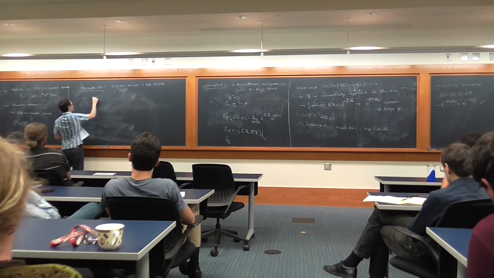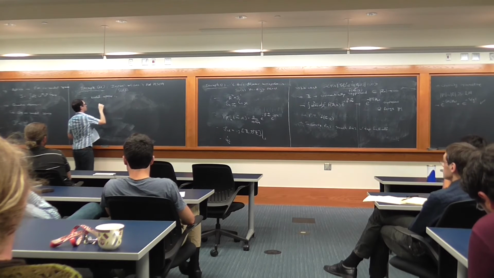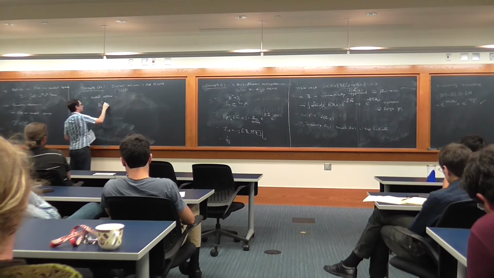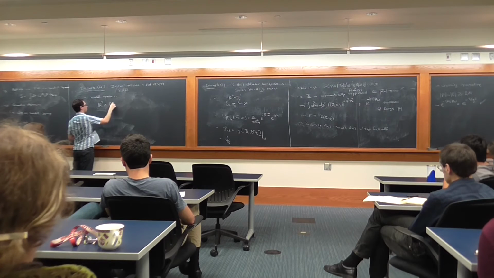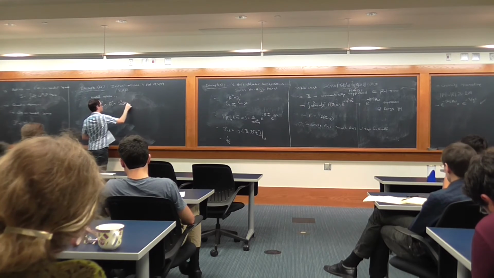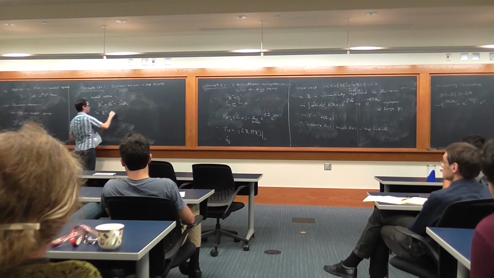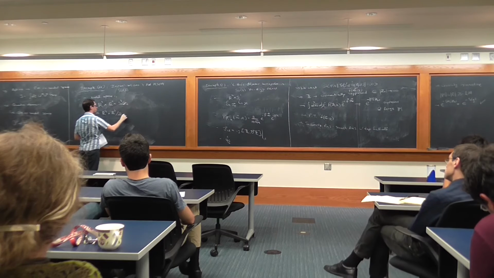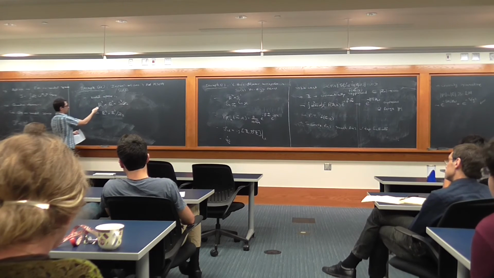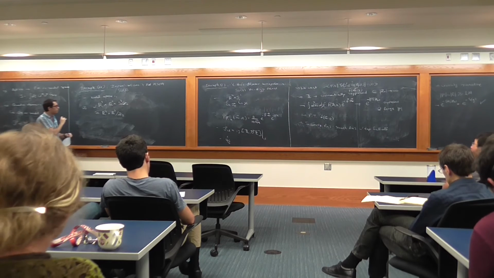So the moduli space is R4 times R plus times S3 mod Z2. You might know this as just R4 times R4 mod Z2. This thing is associated once again with translations along the 4 spatial directions.